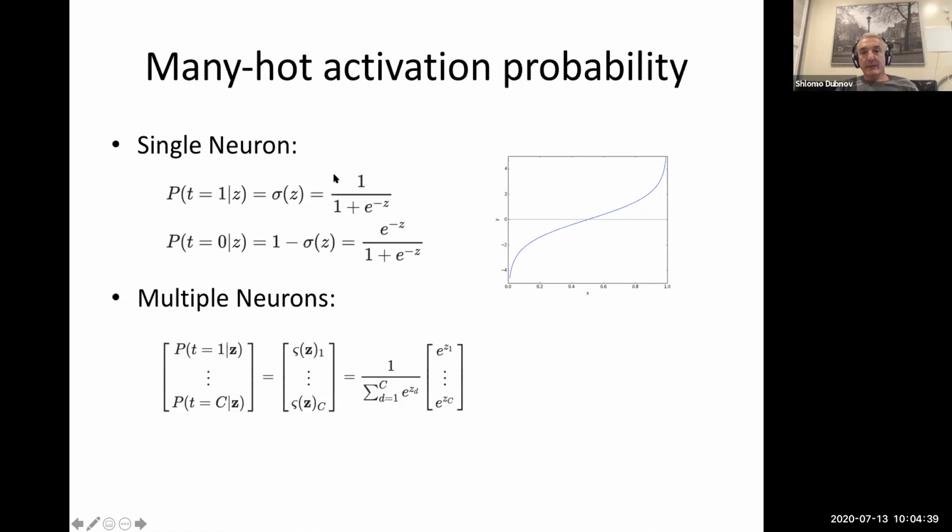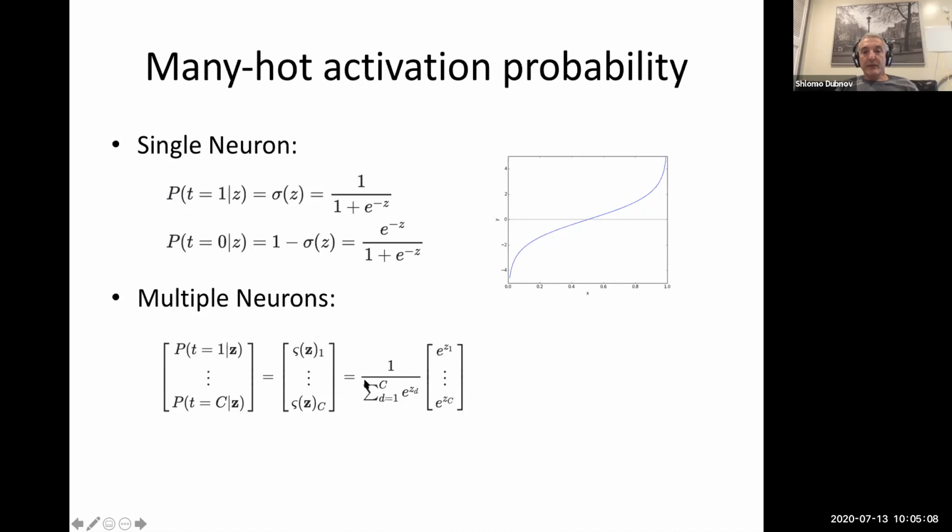If you want, you can also multiply this by e to the z, and you'll get e to the z here, and e to the z plus 1 there. You can think about this e to the power of z as normalization, so this is a generalization of this representation. What we have here is basically some numbers which, if z is infinite, will go to infinity. If z is minus infinity, it'll go to 0.